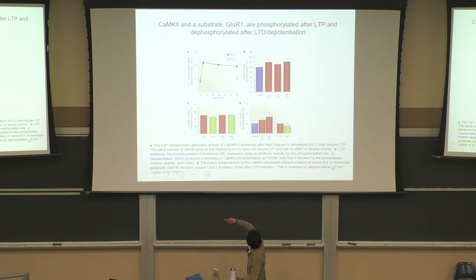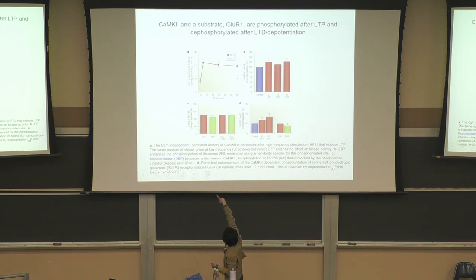This is a diagram showing how the phosphorylation is happening in LTP and LTD. First we see that the CAM kinase 2's activity increases with a high frequency stimulation. CAM kinase 2 is again that protein that is the hair clip that organizes in a six-member ring.